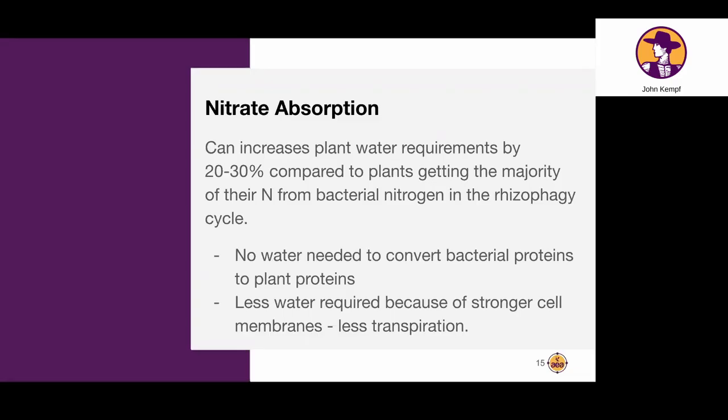And of course, this is one of the reasons why in drought-stressed years, in dry areas, the farmers who are using cover crops or who are supplying nitrogen in forms other than nitrate, whether that's from manure, compost, whatever the source might be, those crops consistently perform better in drier conditions because they have less water requirements. And in the case of the rhizophagy cycle, they can continue to some degree to access nutrients even in the absence of free soil moisture.